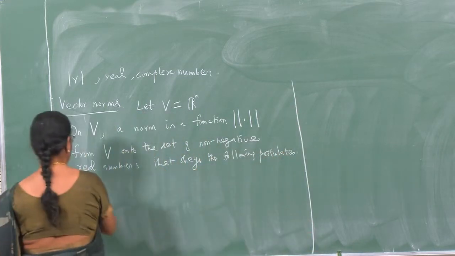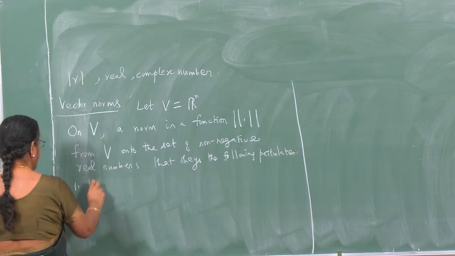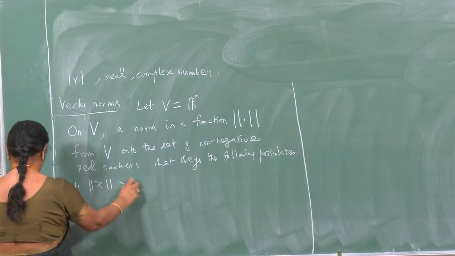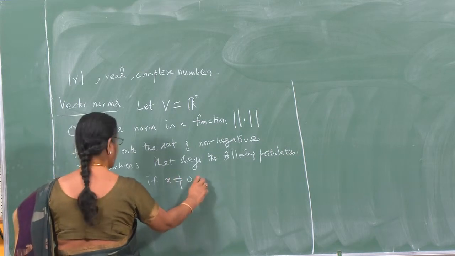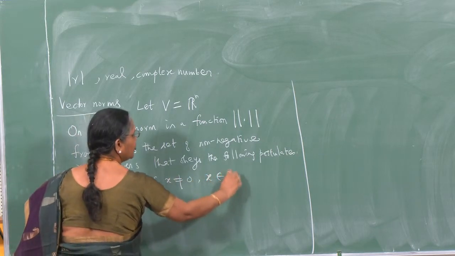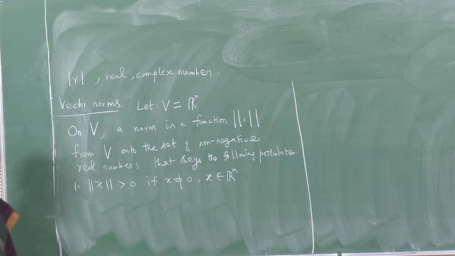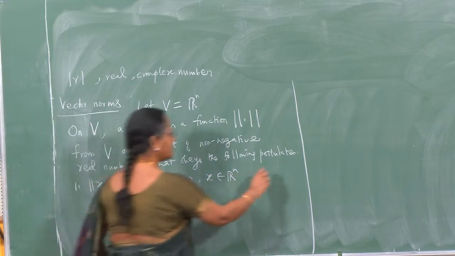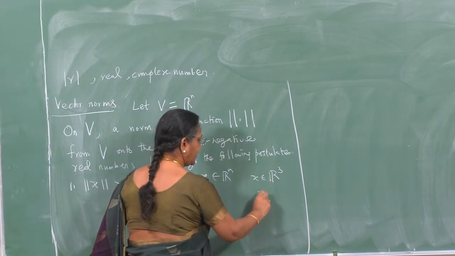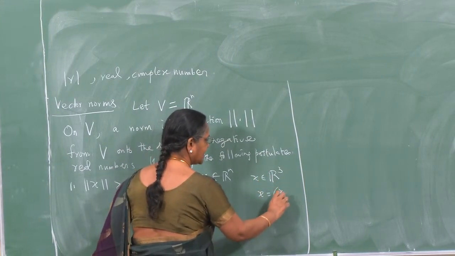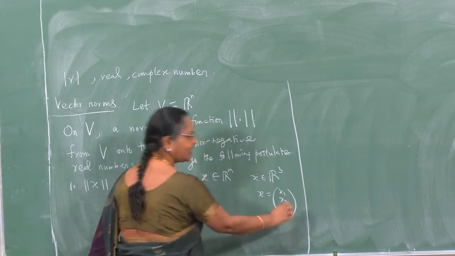So, it satisfies the postulate that norm x is greater than 0 if x is different from 0. Where does x belong to? x belongs to Rn. So, if n is 3, then when we say x belongs to R3, x has components x1, x2, x3.